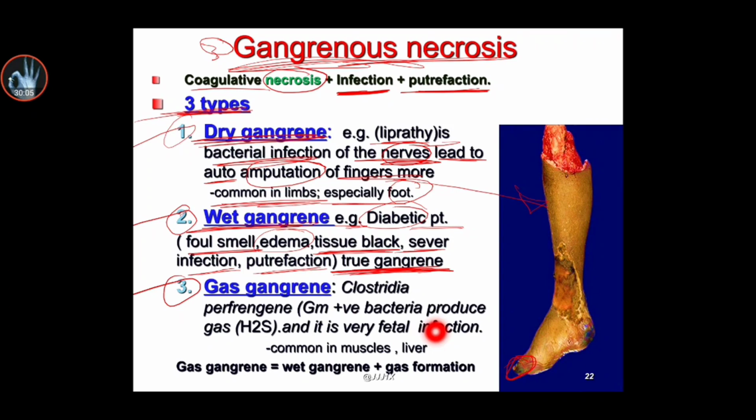We have gas gangrene, and gas gangrene occurs mainly due to Clostridium perfringens. This Clostridium perfringens is a type of gram-positive bacteria.